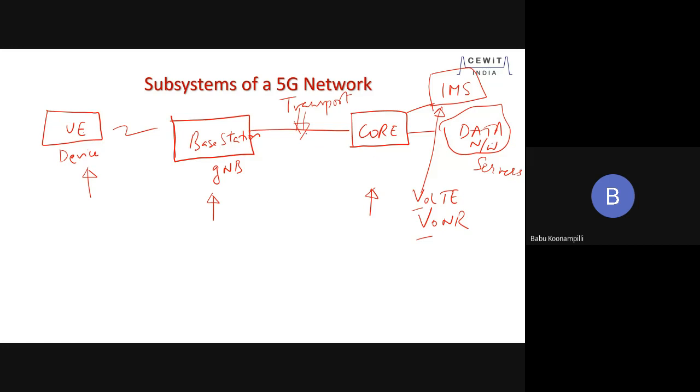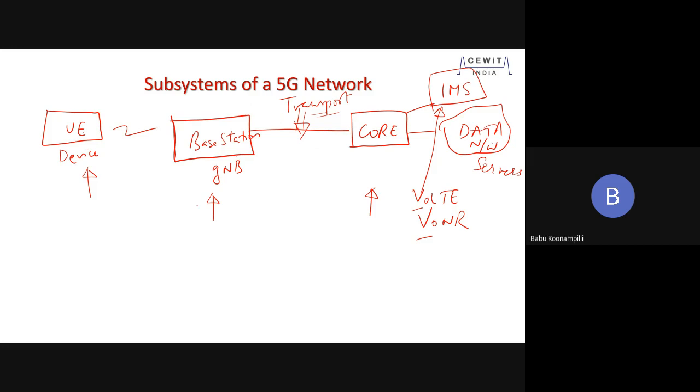So this transport network sometimes plays a very big role in the actual performance of the overall system, especially when we come to 5G, where latency is important. This gets additional importance. It's also important from the capacity point of view.